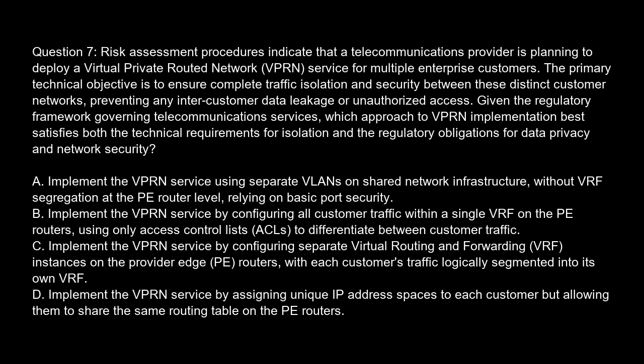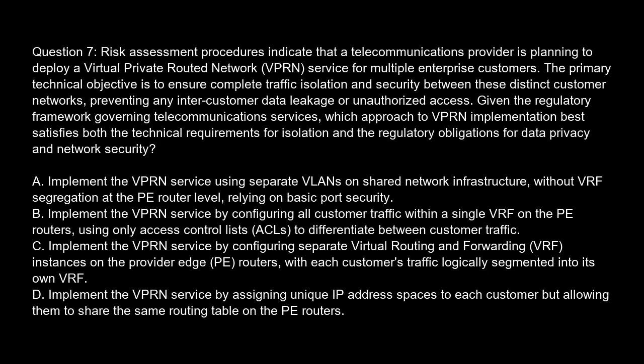Option A. Implement the VPRN service using separate VLANs on shared network infrastructure, without VRF segregation at the PE router level, relying on basic port security. Option B. Implement the VPRN service by configuring all customer traffic within a single VRF on the PE routers, using only access control lists, ACLs, to differentiate between customer traffic.